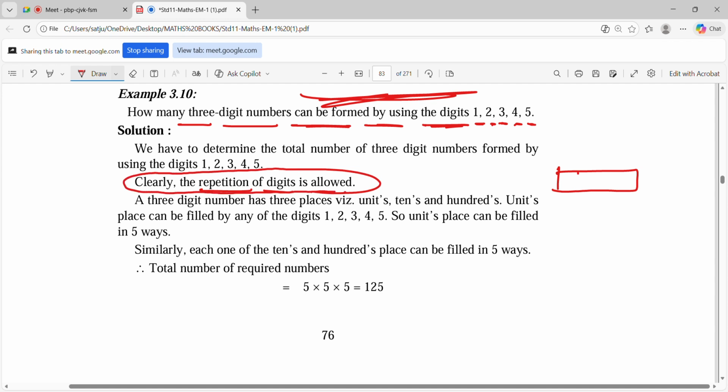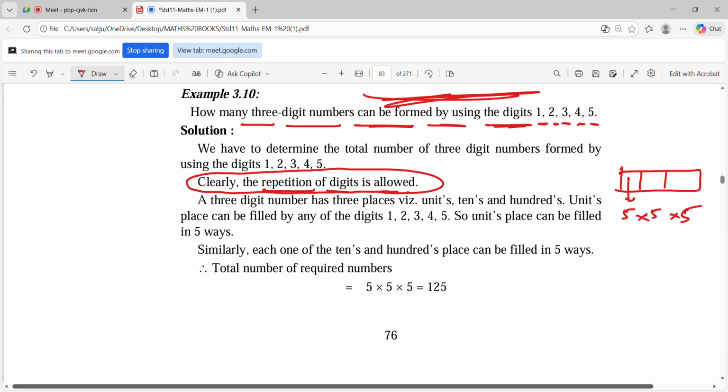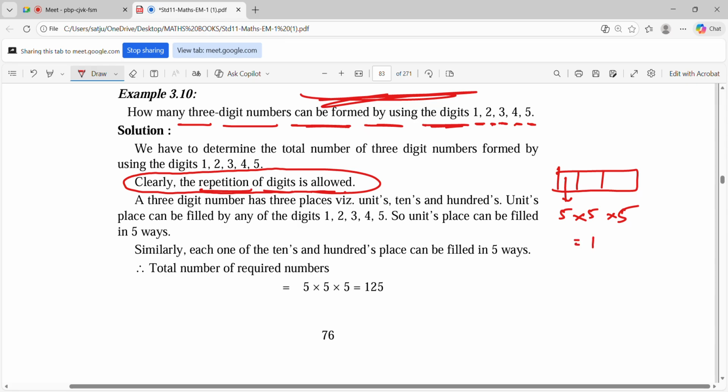So when it is allowed, for a 3-digit number, there are 5 ways here, 5 ways here, 5 ways here. All the jobs have to be performed, so you multiply this: 125. Understood everyone? Okay, next.